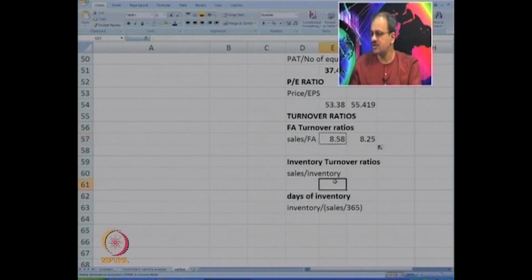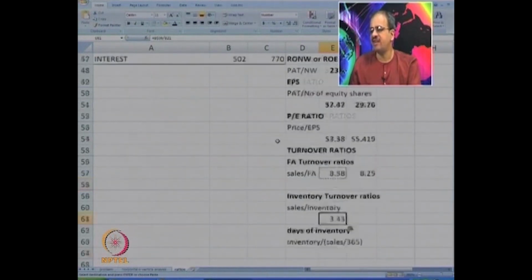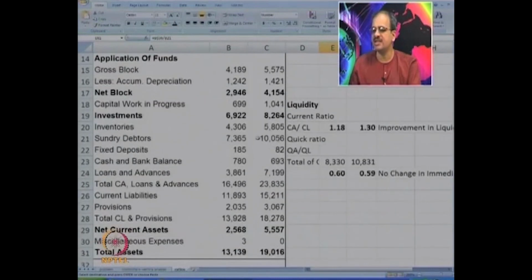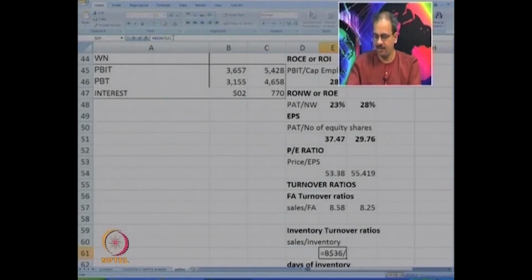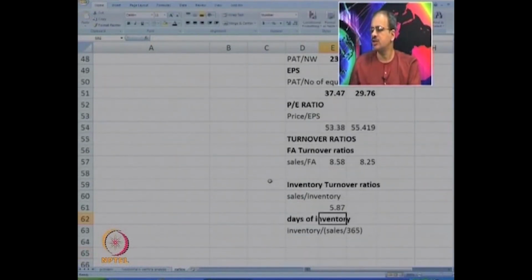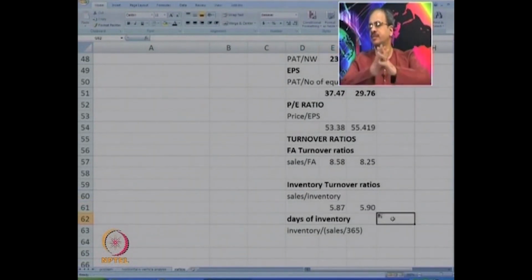I can use more or less the same formula, the only difference is instead of sales upon fixed assets, now it is divided by inventory. You can see inventory is B20, so we will divide it by B20. So, the ratio is 5.87. There is some increase. It has now become 5.90. Though it is a small increase, it shows a good sign.